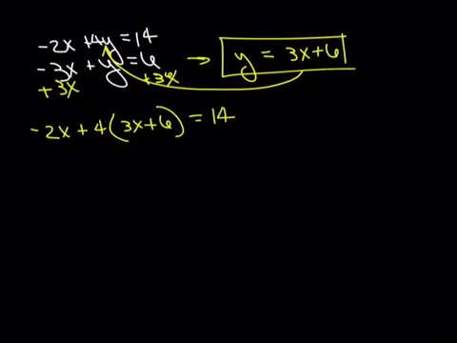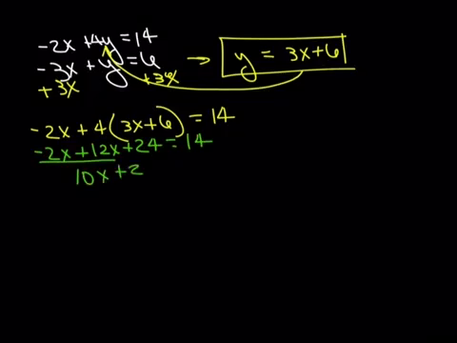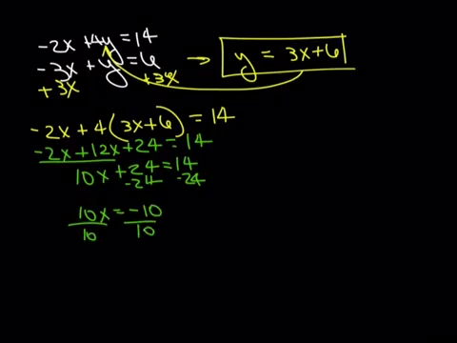Okay, so let's distribute. And combine those like terms. Subtract 24 from both sides. So divide by 10, divide by 10, x equals -1.